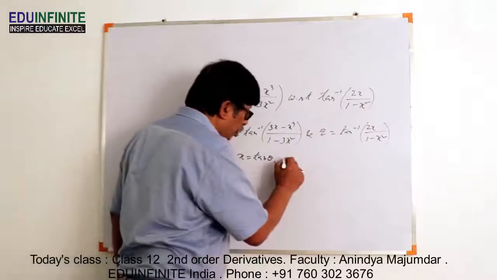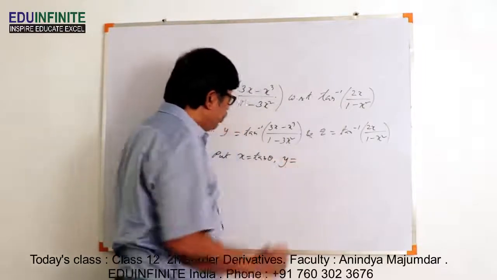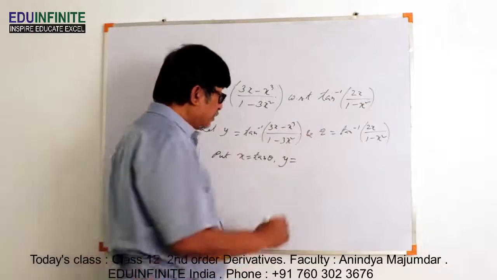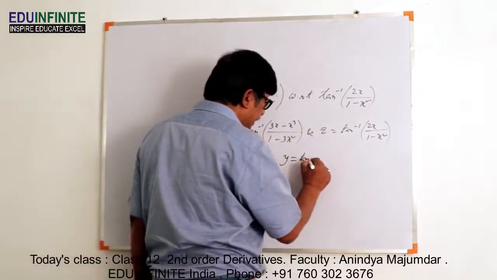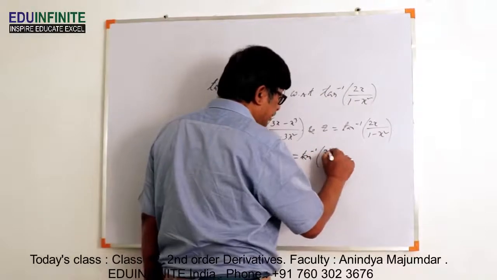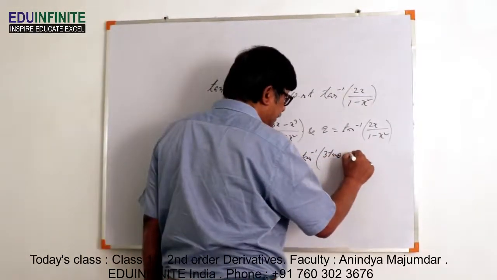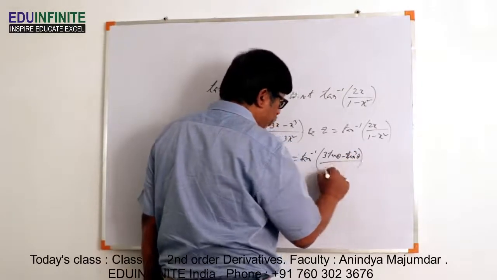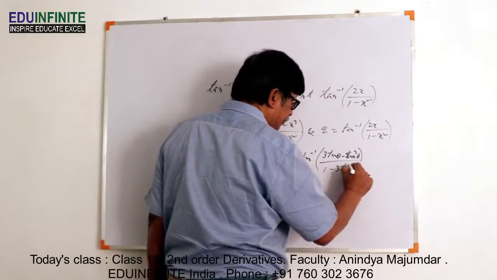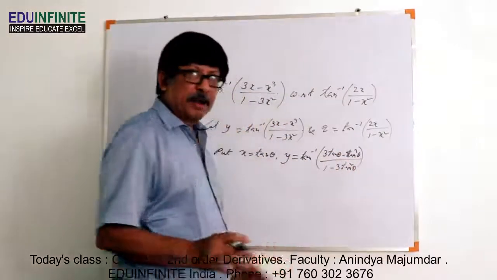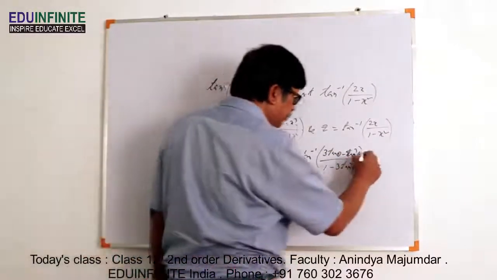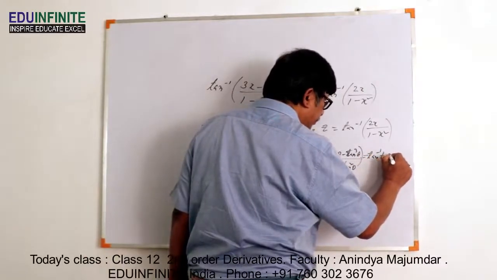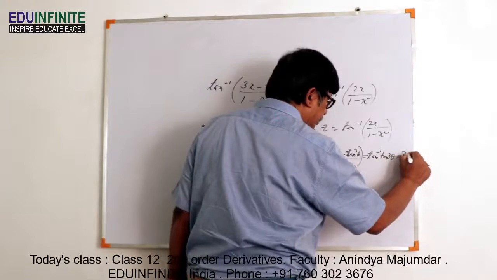As we told, y is equal to tan inverse of 3 tan theta minus tan cube theta by 1 minus 3 tan square theta. The inside one within bracket is nothing but tan 3 theta. That is equal to tan inverse tan 3 theta, that comes to 3 theta.